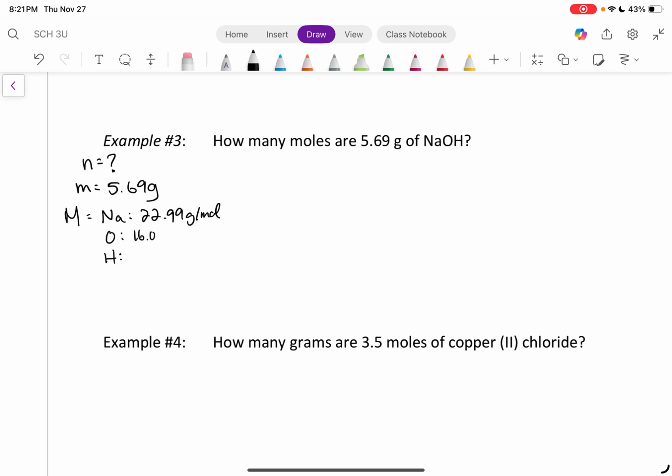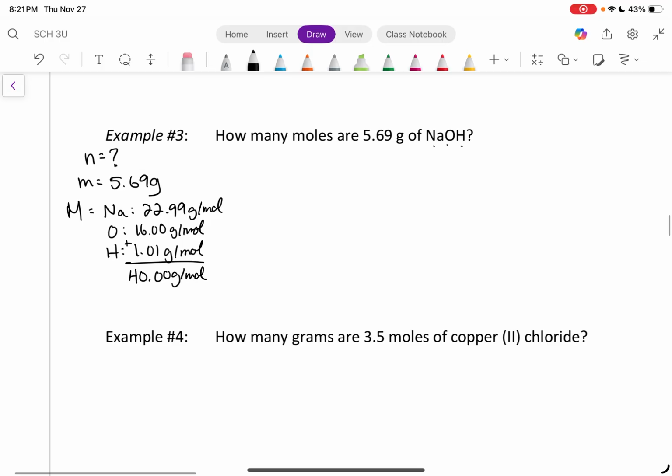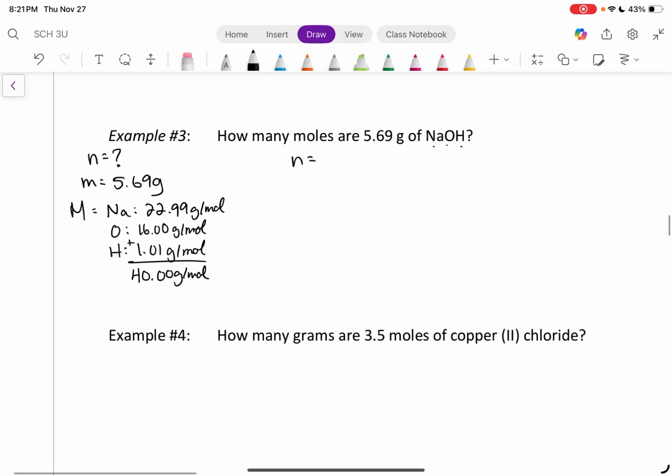Oxygen is 16 grams per mole. Hydrogen is 1.01 grams per mole. All I need to do is add these together. I have one of each in my compound, and that's going to give me an overall molar mass of 40 grams per mole.